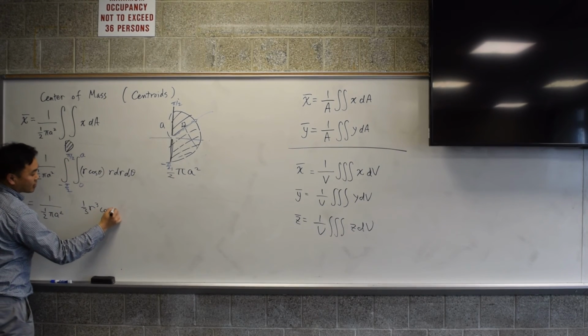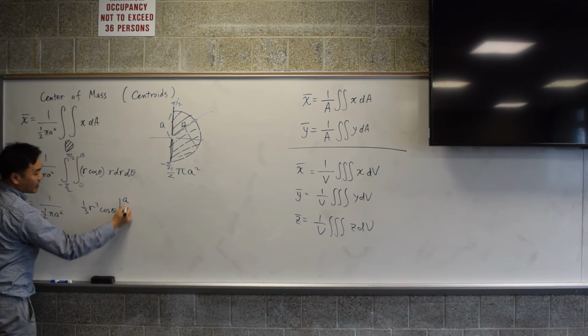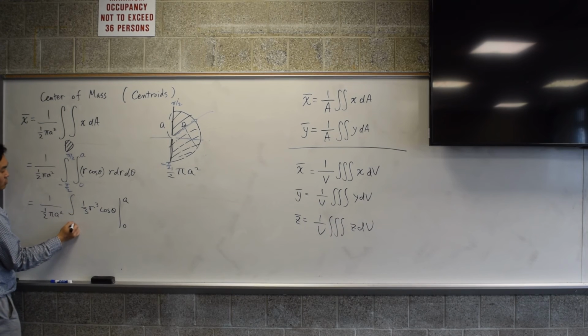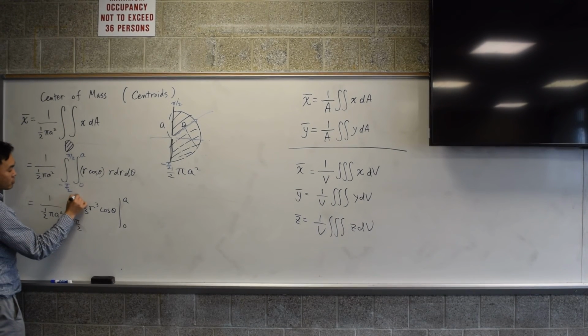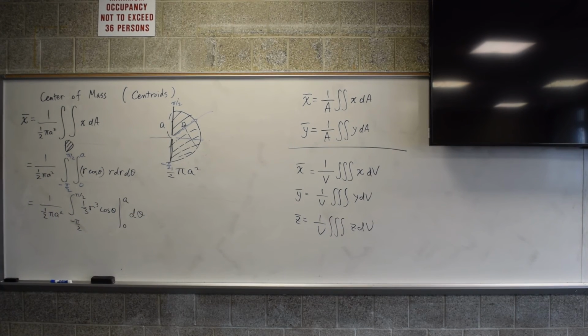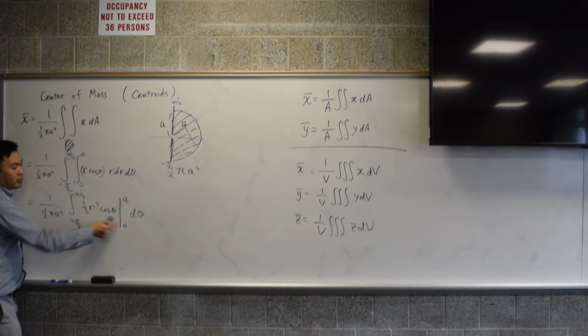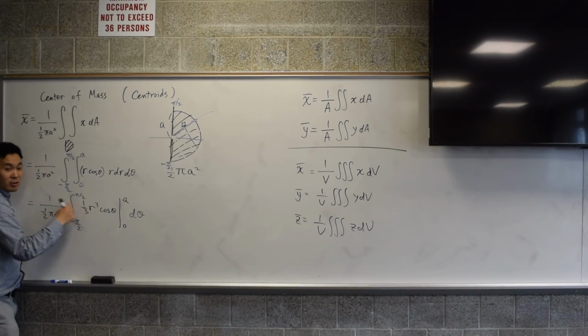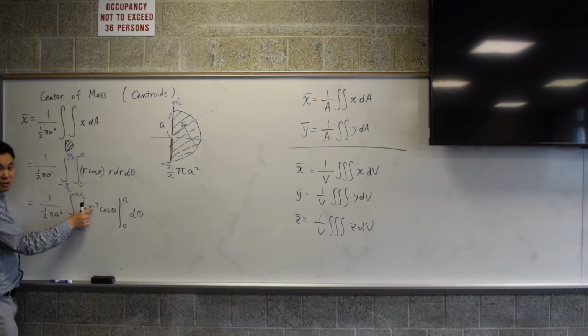You still have cosine θ, and you have to plug in a and 0. You still need to integrate from negative π over 2 to π over 2 dθ. Plug in a, plug in 0, and you subtract. But if you plug in 0, it's 0, so you only have to plug in a.